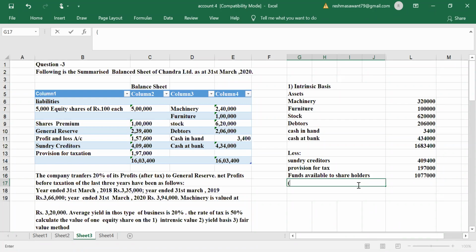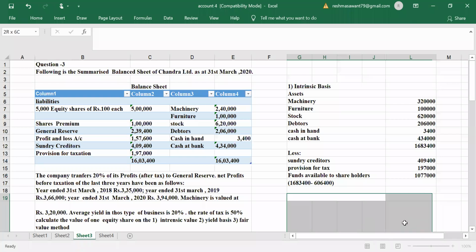Calculation: 16,83,400 minus 6,06,400, that is your total of liabilities. So your answer will be 10,77,000, the funds available to shareholders.